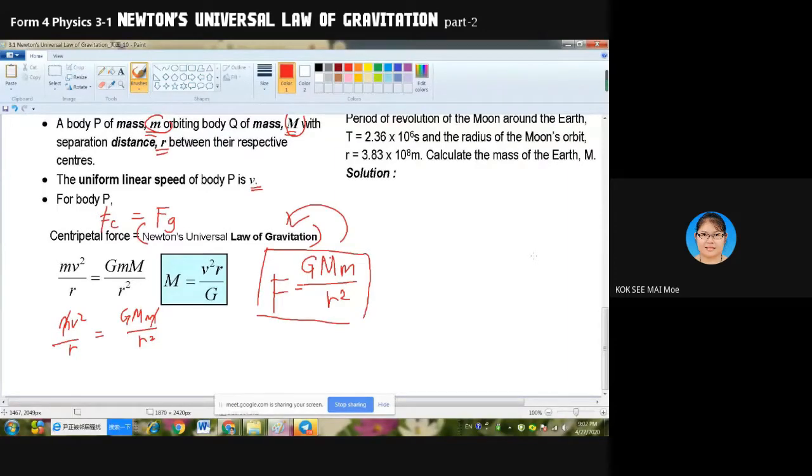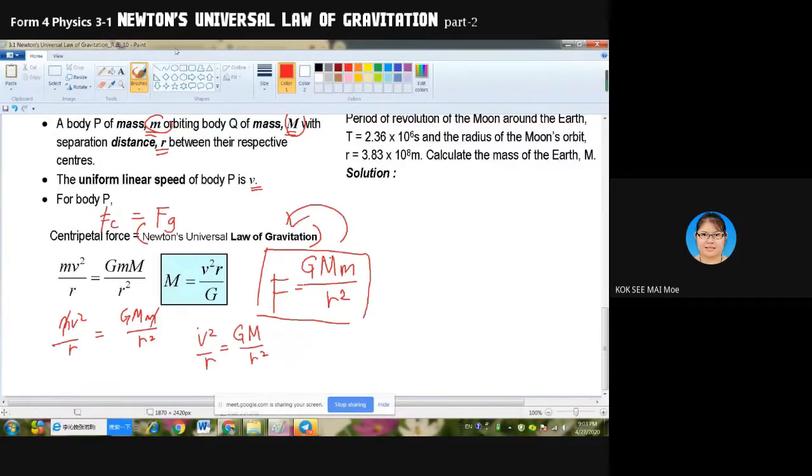Now after you cut, we need to write the new equation. Now I just write v squared over r equals G, capital M, over r squared, after I cut the m. Now I continue.